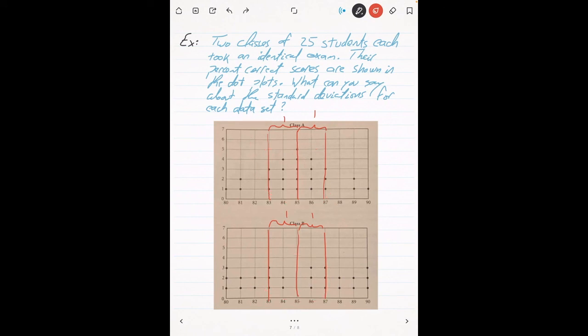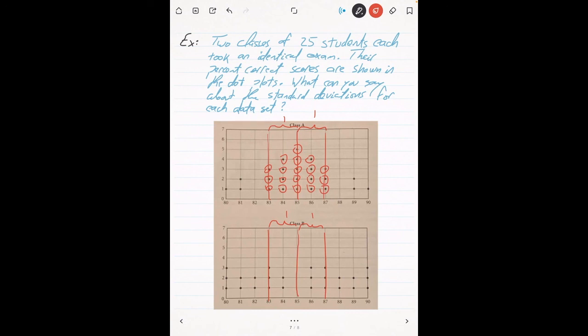In fact, let's count them. 1, 2, 3, 4, 5, 6, 7, 8, 9, 10, 11, 12, 13, 14, 15, 16, 17, 18, 19. I have 19 out of 25 students within 2 percentage points above or below 85.